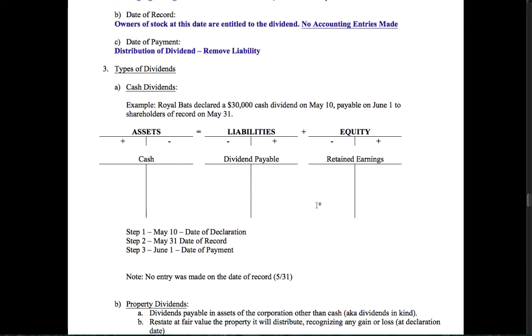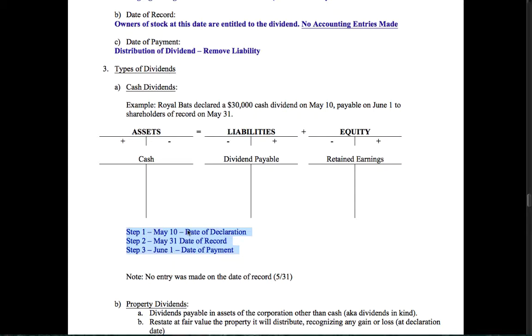Okay, so as we just went over here, there are the 3 dates that we identified, and this would be a good first step when you're going through these examples: identifying what these specific dates are so you can keep track of the entries that you need to make.